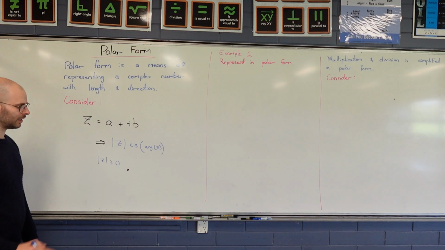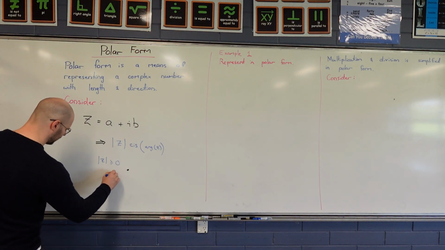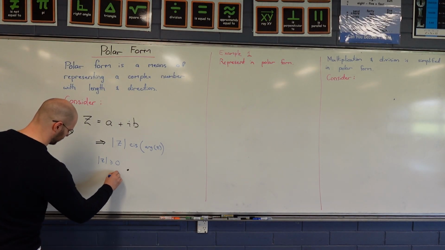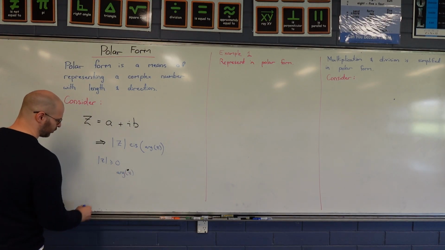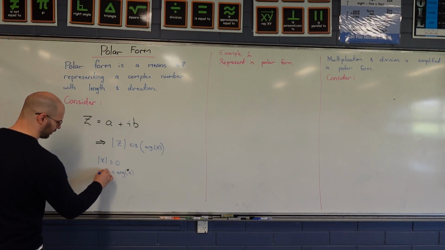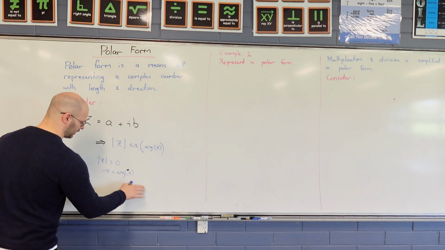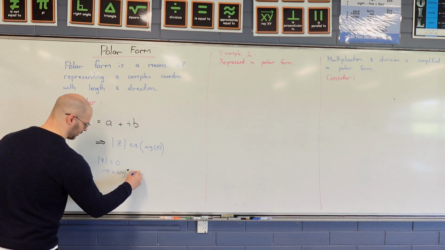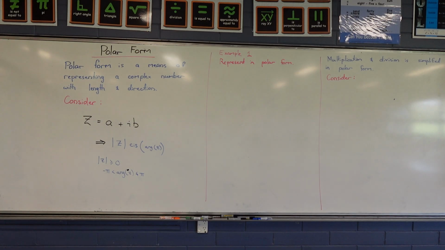Secondly, the argument of z is always going to be between negative pi and positive pi. If it's outside of that domain, then you're not in polar form, you're in a non-standard form. Does that make sense so far?